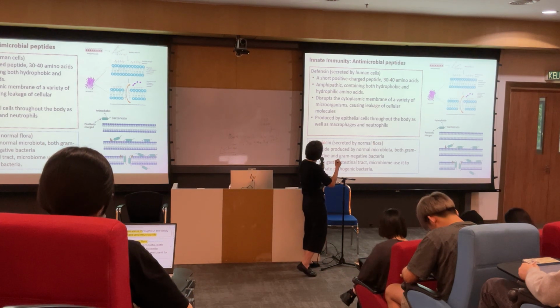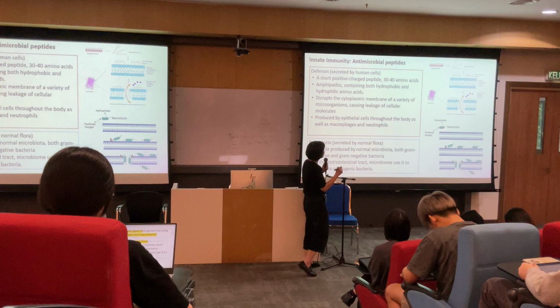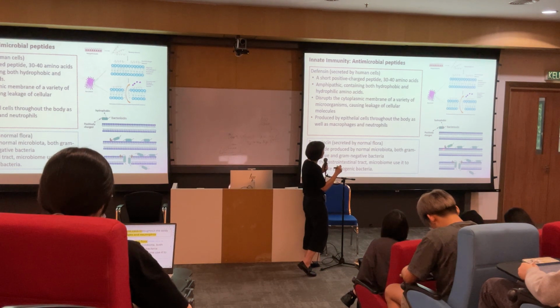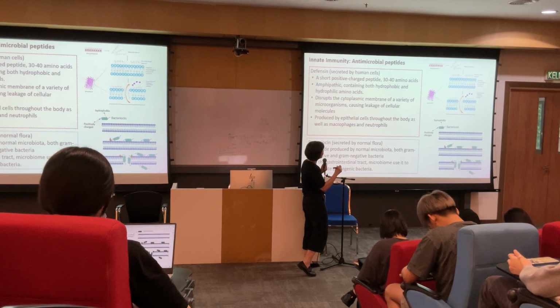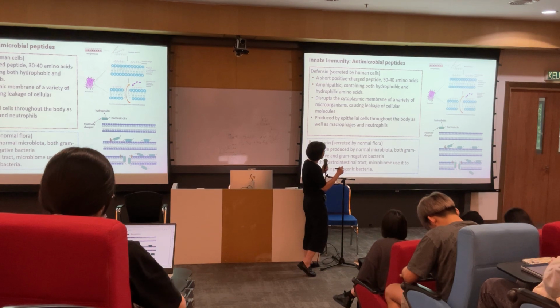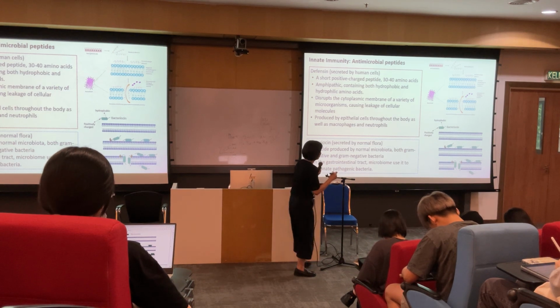And same thing, the bacteriocins are also positively charged. How do they attack? They also bind to the lipid cell membrane of the pathogens, and then they create pores. So once they create the pore, things can leak out or come in, and then the cell bursts. Very simple.